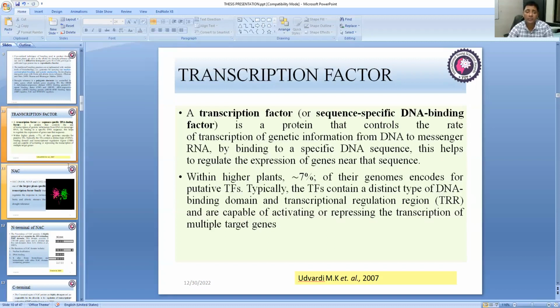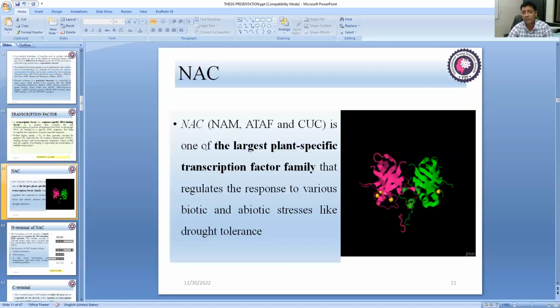Moving ahead, another very important thing is the NAC transcription factor. The NAC transcription factor has different domains. The first one is the N-terminal region, another one is the C-terminal region. The N-terminal regions are not variable, but the C-terminal regions are variable.